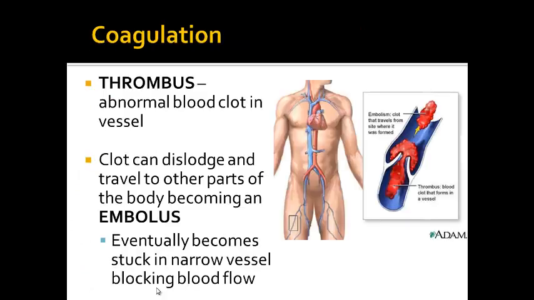Alright, so here's the deal with the blood clot, which obviously is abnormal unless it's stopping the blood from coming out, which is then perfectly fine and actually really good. However, an abnormal blood clot that should not be forming is called a thrombus.